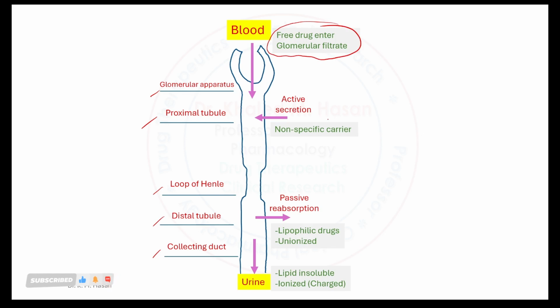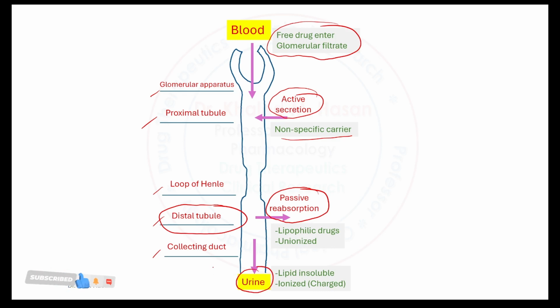In the proximal tubules, the medication follows active secretion, which has a non-specific carrier. Moving to the distal tubules, the medication follows passive reabsorption, and at the end, the medication will be eliminated through the urine.